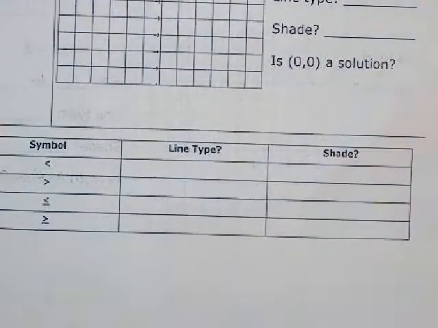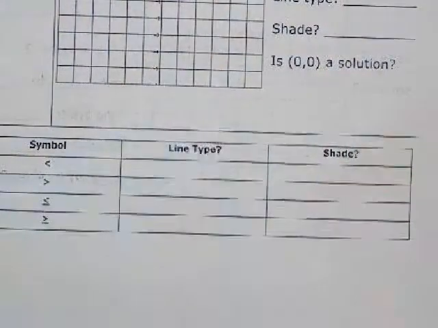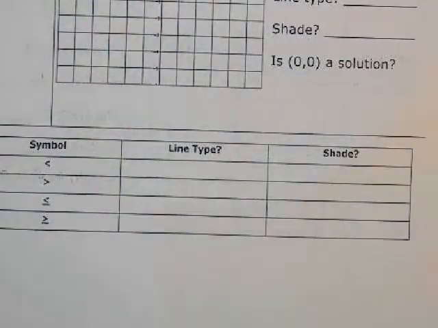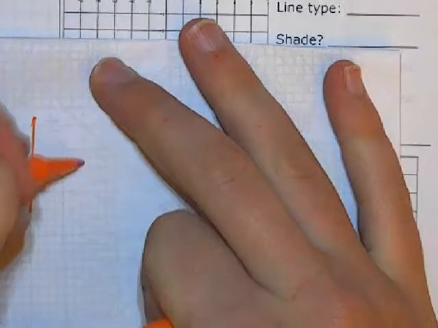Okay. Now, there's two types of lines that you can have. One line that you could have could look like this. Here's my regular graph, x, y.